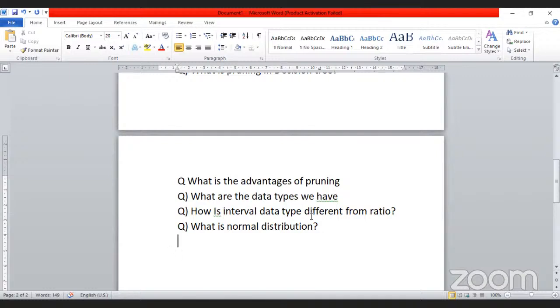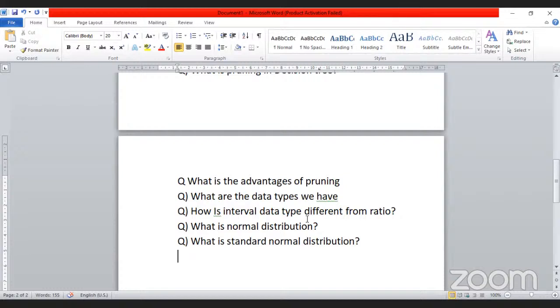Now, what is the standard normal distribution? When we apply Z transformation on our normal distribution data, that becomes a standard normal distribution.